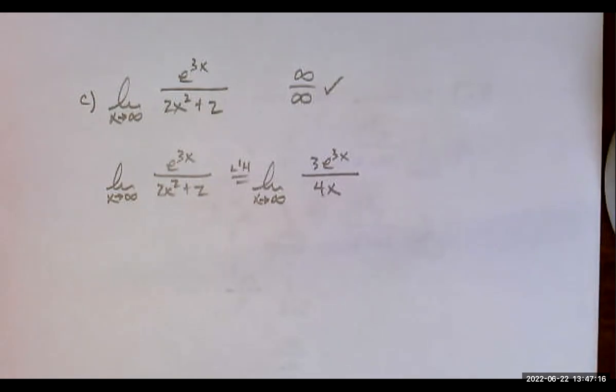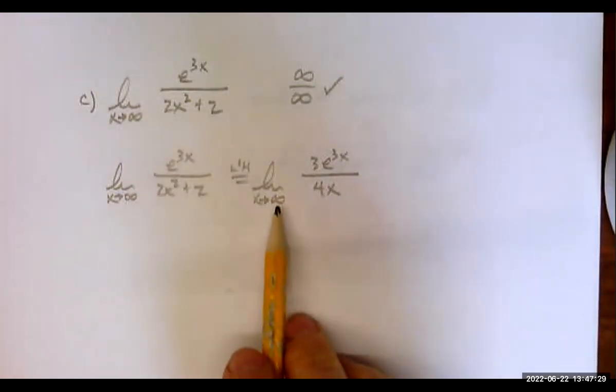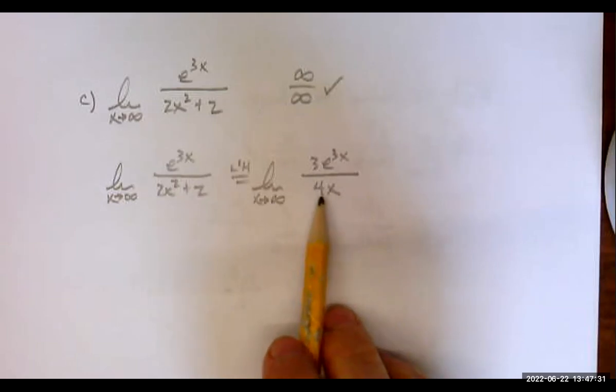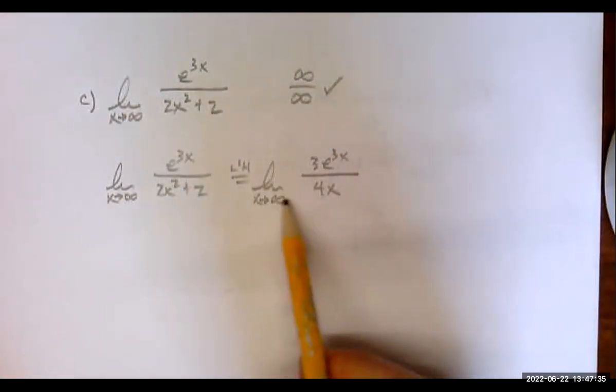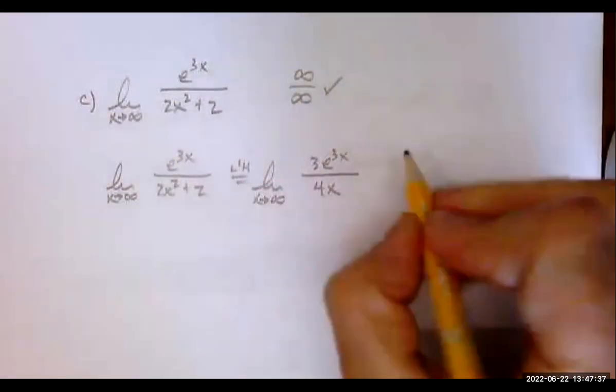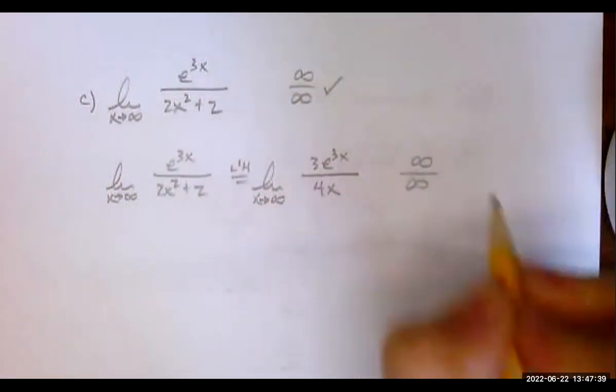So applying L'Hopital's rule, got our derivatives. If we attempt to plug in infinity again, will we have an answer? Check out what happens. Because now there's still an x in the denominator, when we put in infinity this time, it still results in infinity over infinity.